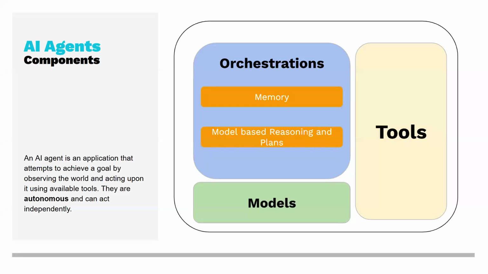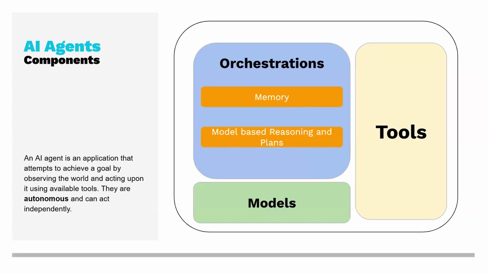Basically, any AI agent that you develop consists of three important things. One is your orchestration, which means how the memory and the understanding of that model happens. All of that is handled by the orchestration module. Then we have the models, which can be OpenAI, Gemini, Llama models, or Hugging Face models.